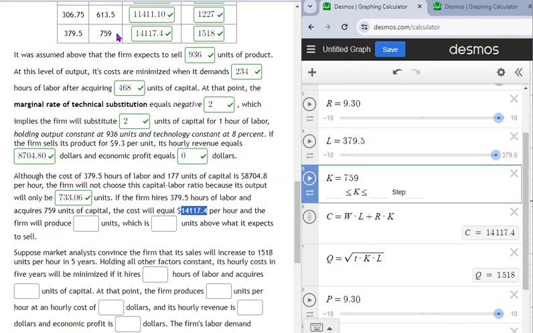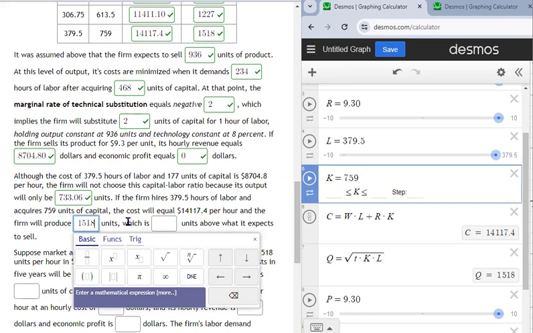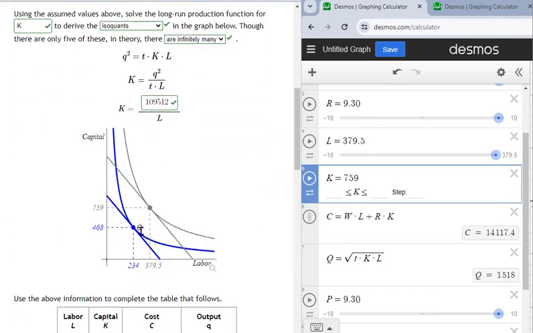And the firm will produce up here 1,518 units, and that puts them right here, on a new ISO cost line and an isoquant that corresponds to 1,518 units. This ISO cost corresponds to a cost of $14,117.40.